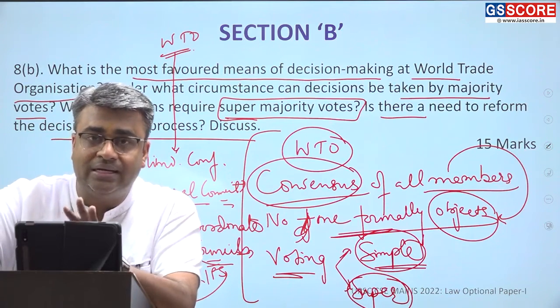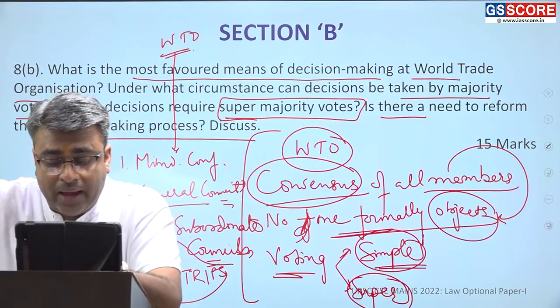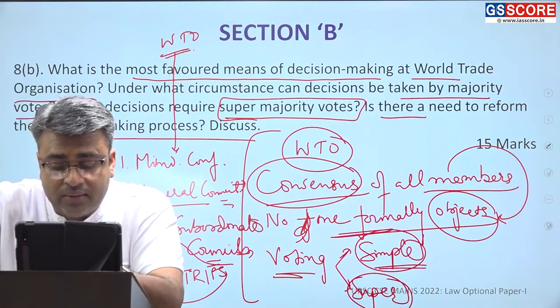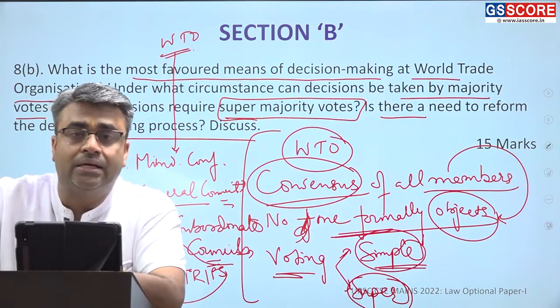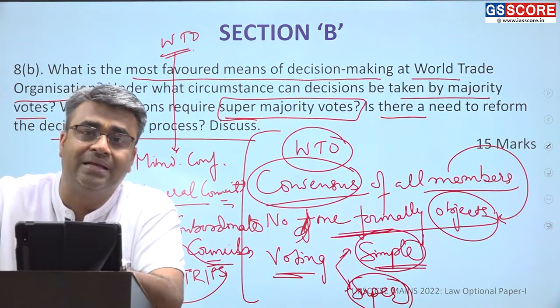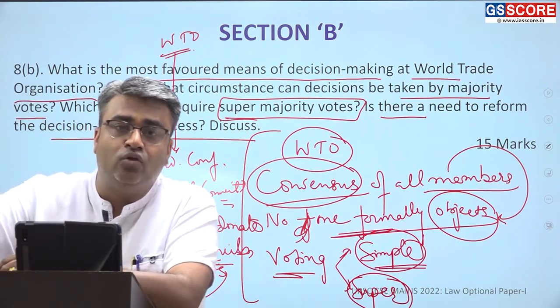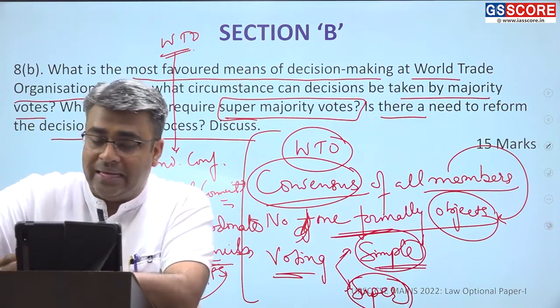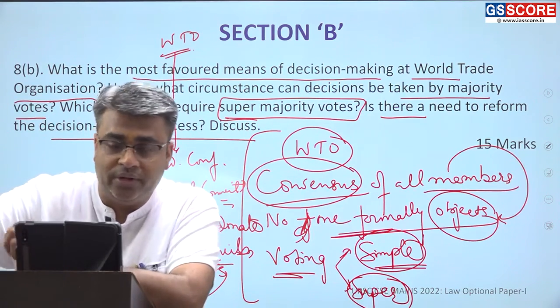Generally, decisions in the WTO are taken by the consensus of all members present. But if there is disagreement of any particular member, in such a case we go with simple voting.